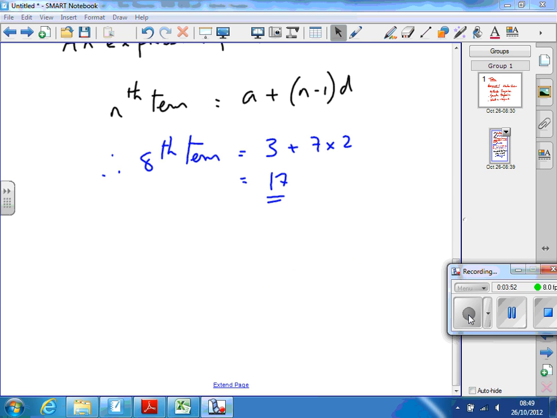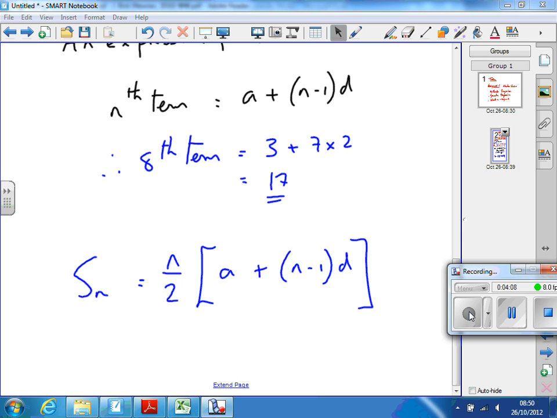The textbook takes you through how you arrive at an expression for the sum of a sequence of terms, the sum of the series up to the nth term. I'm just going to present you the expression and we'll look at using it. The sum as far as the nth term is n over 2 brackets a, where a is the first term, plus n minus 1 times d, which is the common difference.